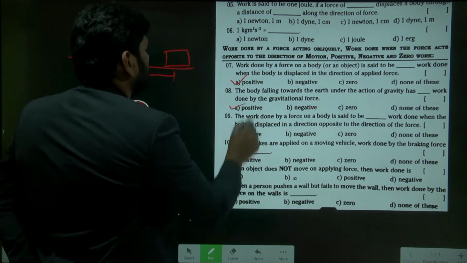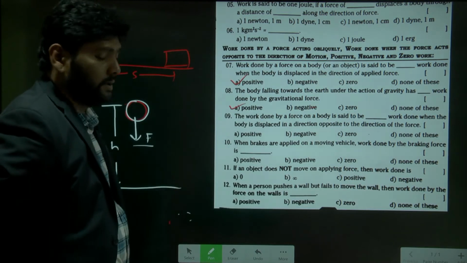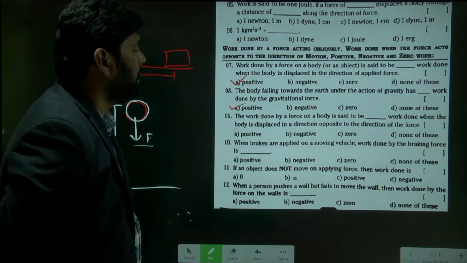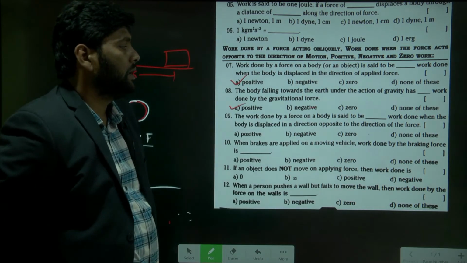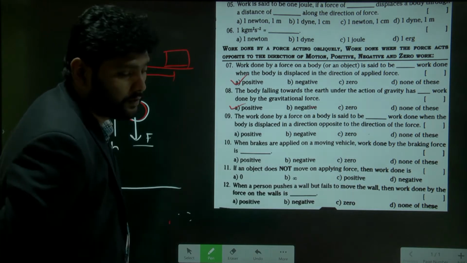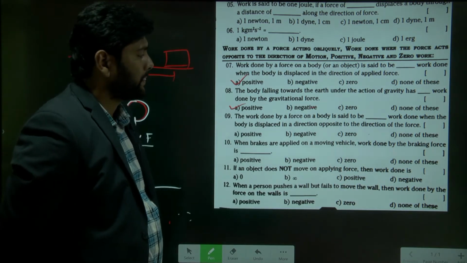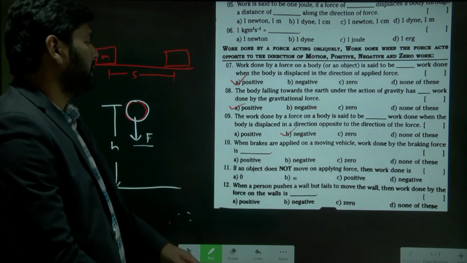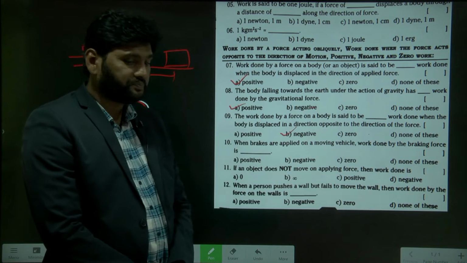So answer is positive. Similar way, next: the work done by a force on a body is said to be dash work done when the displacement is in the direction opposite to the direction of the force. Negative work. Very good. Negative work done is the correct answer. Next, similar way, 10th question.